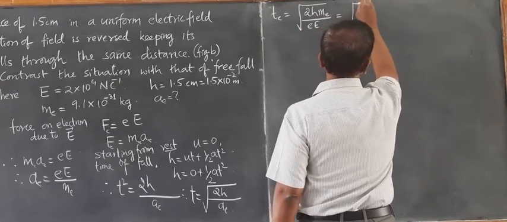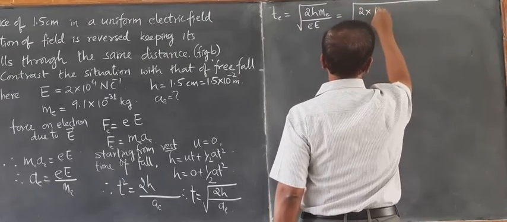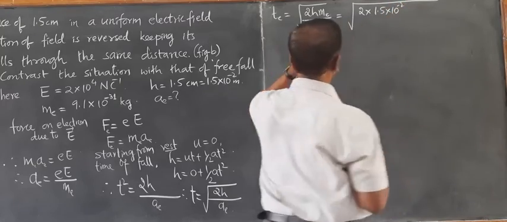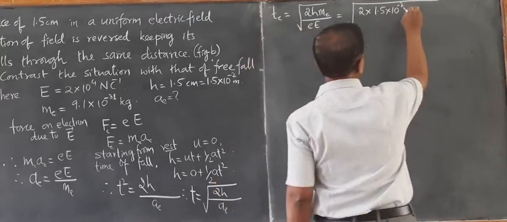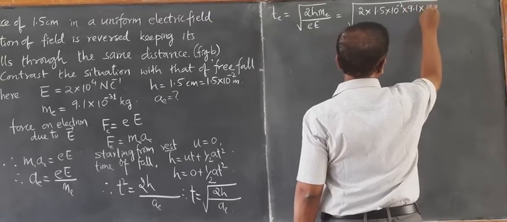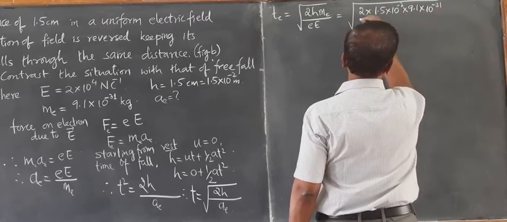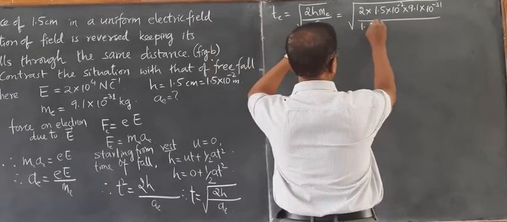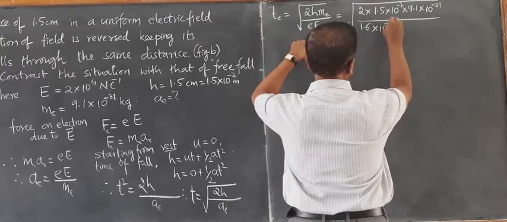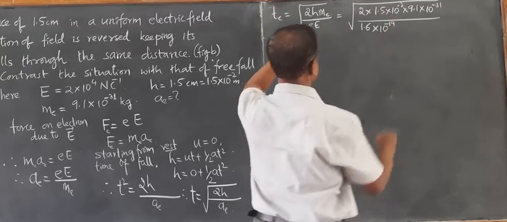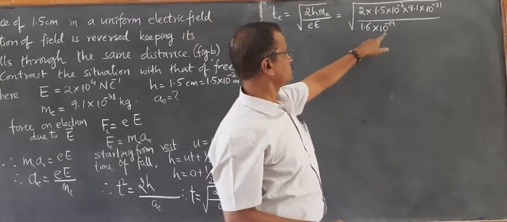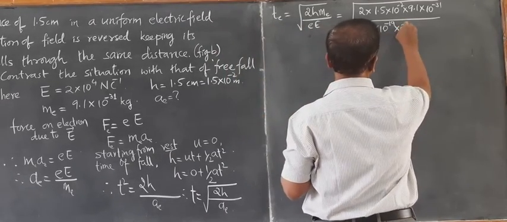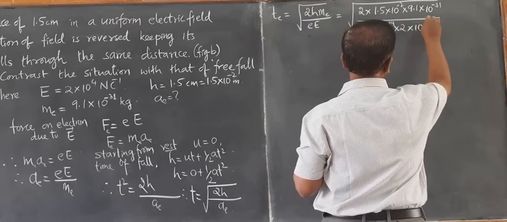So square root of 2 into height 1.5 into 10 to the power of minus 2 into mass of electron 9.1 into 10 to the power of minus 31, whole divided by charge of electron 1.6 into 10 raised to minus 19 coulomb into given electric field 2 into 10 raised to 4.